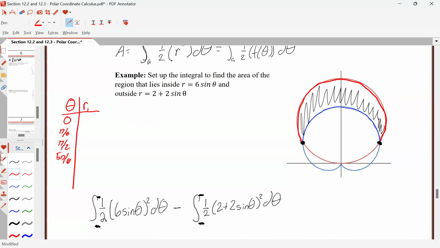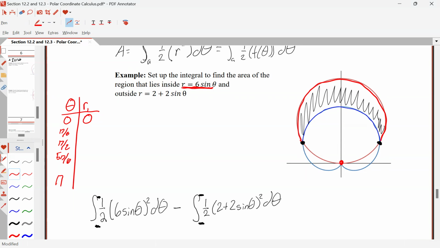So we have 0, pi over 6, pi over 2, 5 pi over 6, and pi. When theta is 0, sine is 0. So that is the point at the pole.